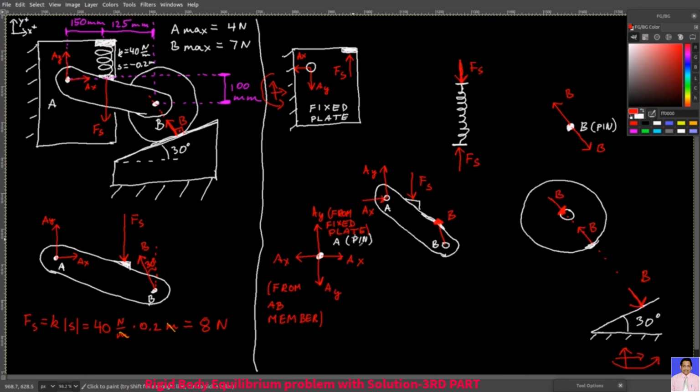Thus, pin A and the spring are also in equilibrium. The AB member also ends up being in equilibrium due to the forces of B, Fs, AX, and AY. Also, the diagonal surface and the fixed plate are in equilibrium because of the reaction forces and moments that are generated there.